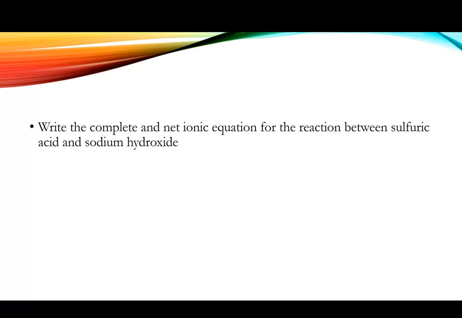When we are doing complete and net ionic equations for acid-base reactions, it's really the same as doing them for precipitation reactions. It's just that you have water that you don't split up as opposed to a precipitate that you don't split up. So we have sulfuric acid, which is H2SO4, and sodium hydroxide, and those are both aqueous based on solubility rules.